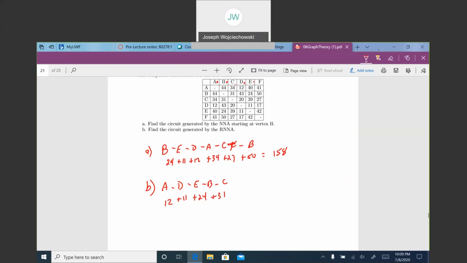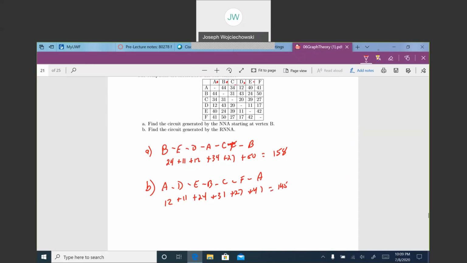I haven't used F. That's the only one left. F to C is 27. And then back to A, which is 41. Let's add these up, see what we get. And I get 145. So that's a little bit better.